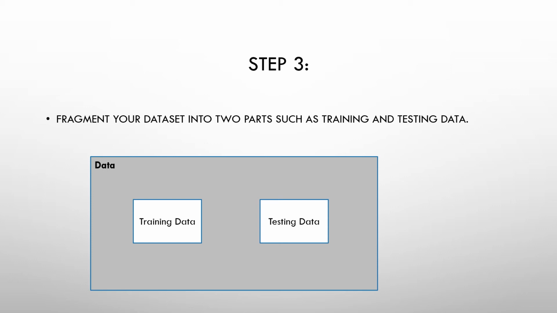If you are training your model with a much lesser number of records, then definitely your model will not deliver a very good accuracy. So it's very important to decide how many records to be considered as training data and how many records to be used for the testing data.